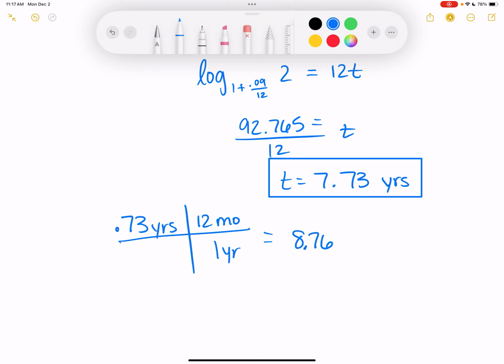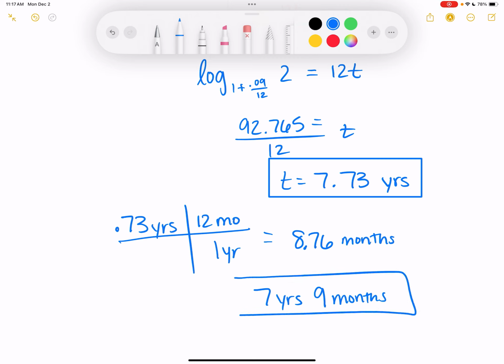So we'll just round that up to 9 just to make it easy. So 7 years and 9 months will be how long it takes. Any questions on that one?